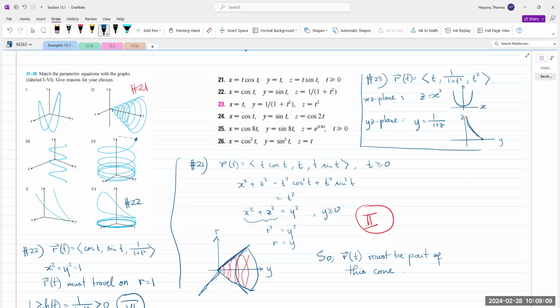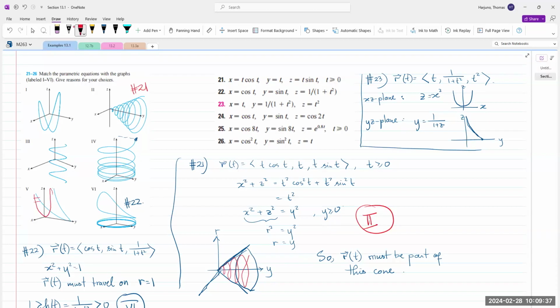Yeah. So I think if you project this on the YC plane, it will give us this shadow here, which mimics what we have there. And if we project this on the XC plane, it will give us the parabola that we want.